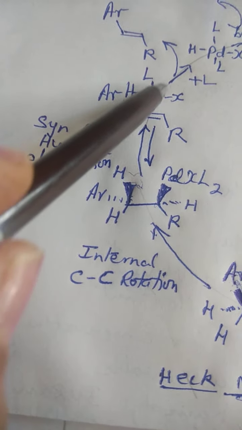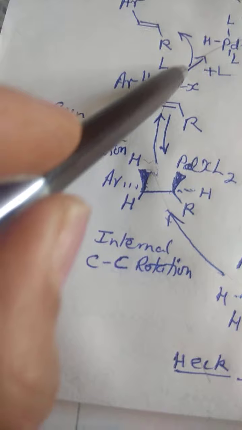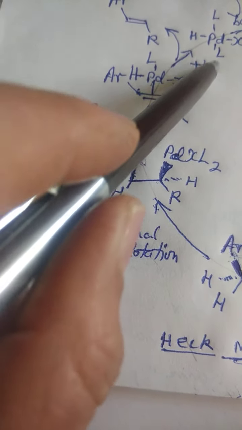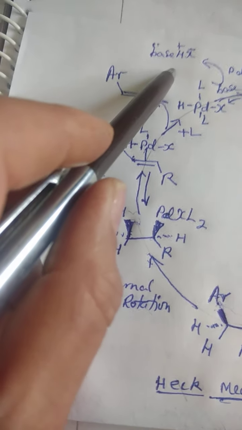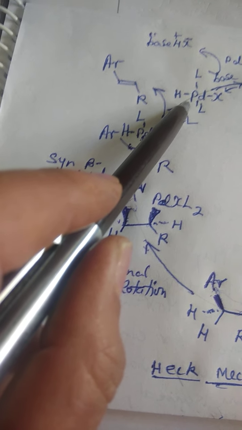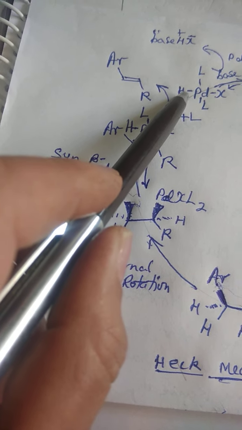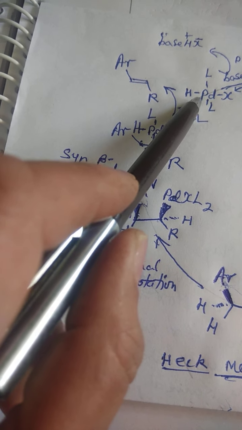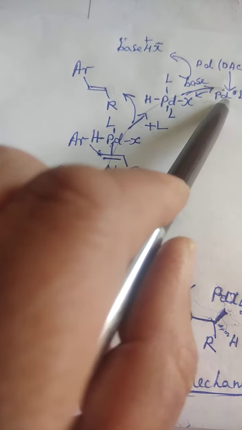And again, we are getting this palladium complex, PdHXL, along with this L, with the help of this base. This is the base which is present, and this base is the one which is able to help this palladium to once again regenerate or change into palladium 0.